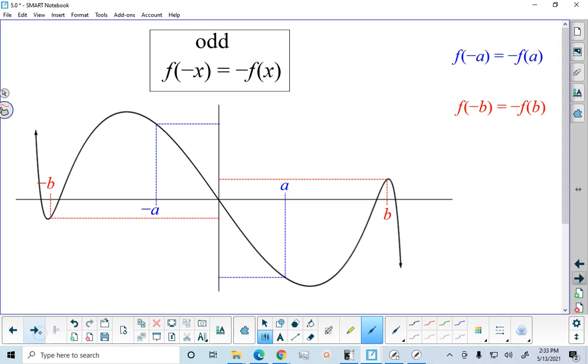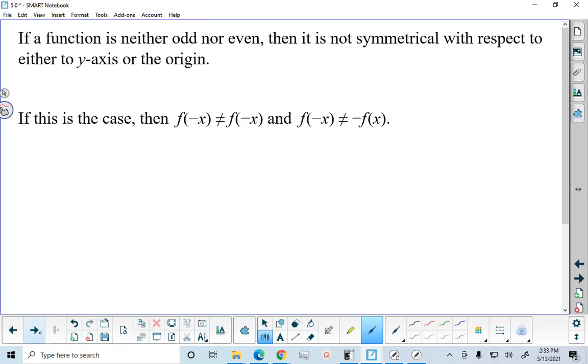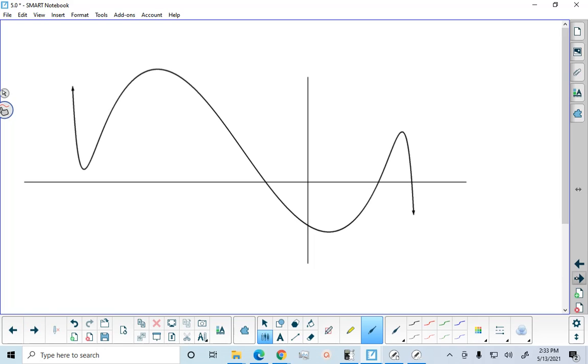And then we have neither. A function doesn't have to have symmetry. If you take a look at this graph, and by the way, this is the graph we were just looking at, but I've changed its location relative to the axes. If I were to take a look at an x-coordinate of a and track the corresponding y-coordinate, that's f of a.